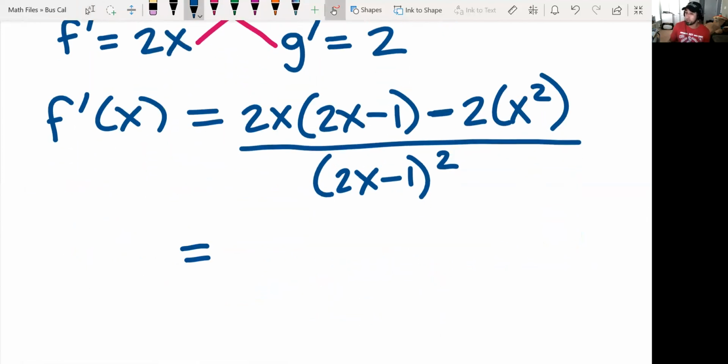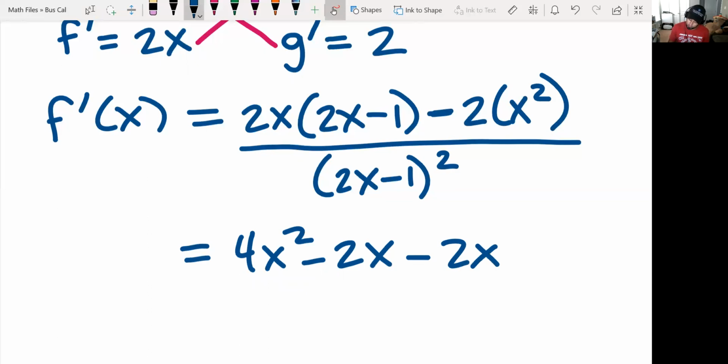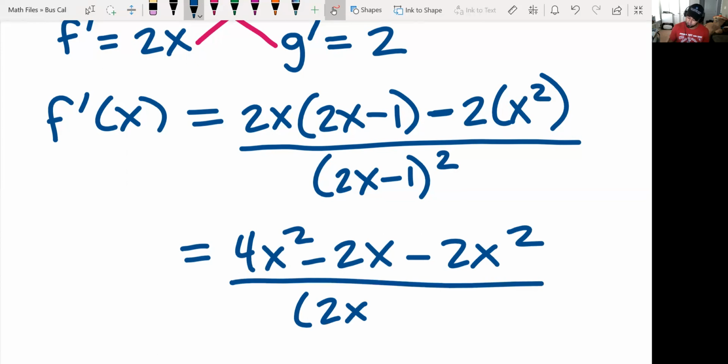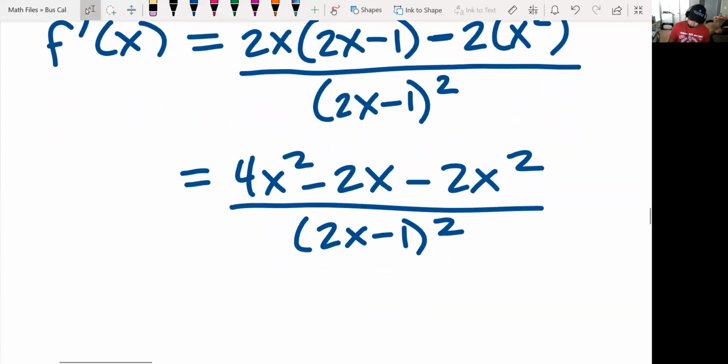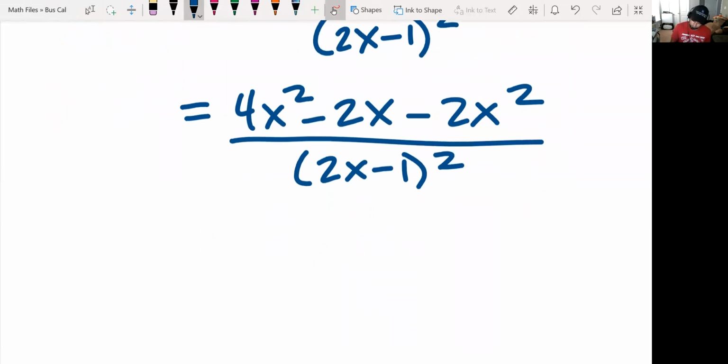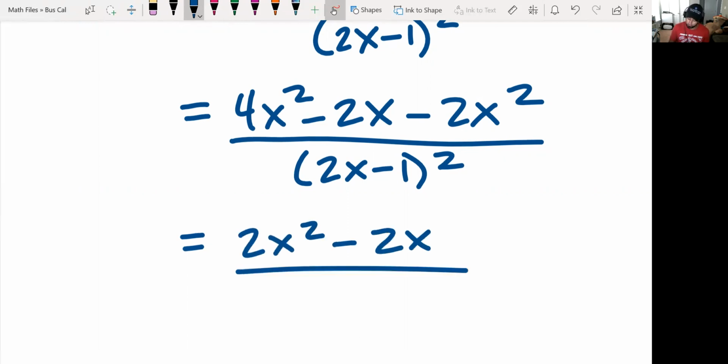Equal to, go ahead and distribute, 4x squared minus 2x minus 2x squared over the same denominator. And then combine like terms, and you get 2x squared minus 2x over 2x minus 1 squared.